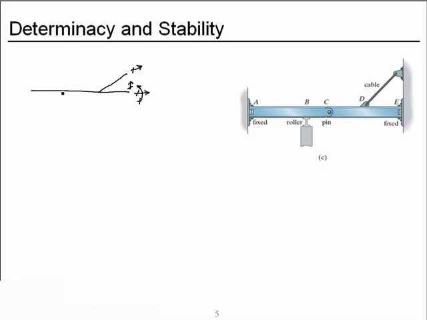There is a roller underneath this point B, so we get one vertical reaction, and A is also fixed, so we get two force reactions and a moment reaction. Our unknown reactive forces total 8.